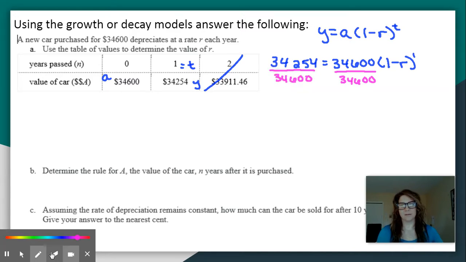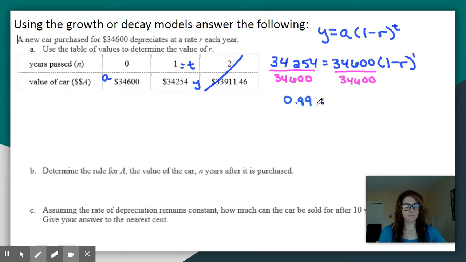Okay, you would just put that in your calculator, right? When you do that, you end up with about 0.99. 1 minus R to the first. Now, it's first power. I don't even need to write it. I can erase that out there. 1 minus R, I need to find out what R is. So I'm actually going to get rid of these parentheses too.